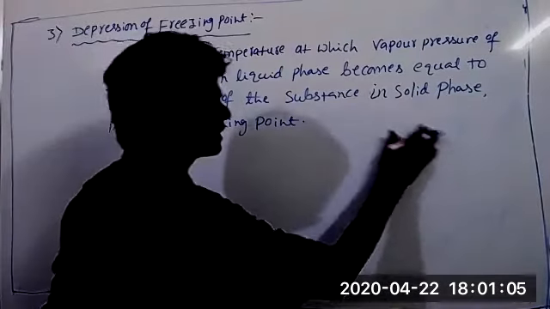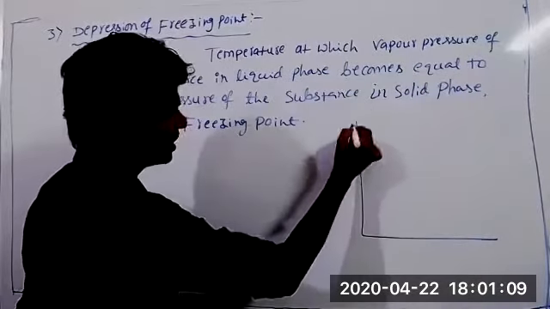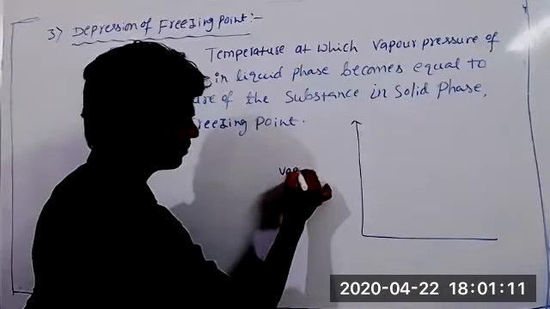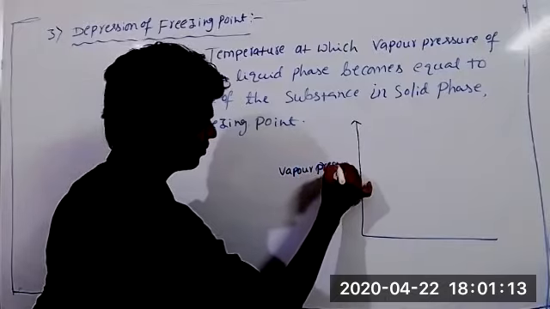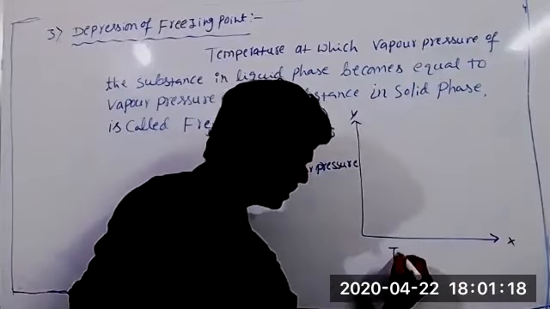Then observe this graph. This is vapor pressure on the y-axis, and on the x-axis temperature.